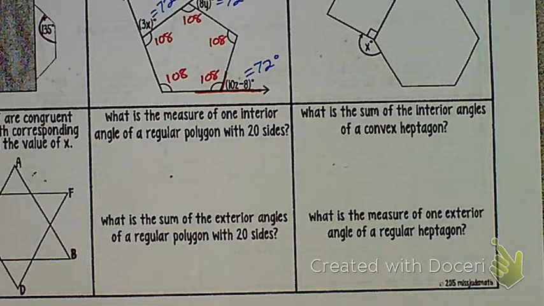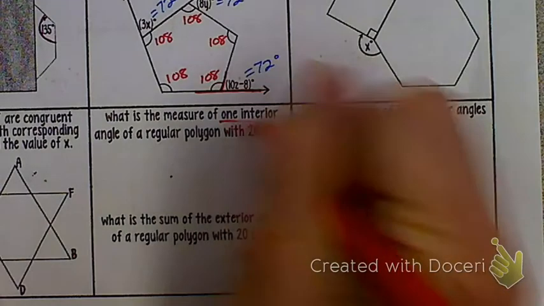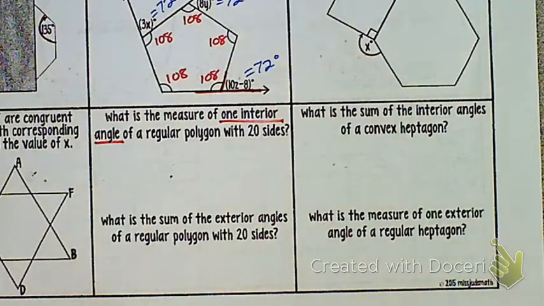No shape given. What is the measure of one interior angle of a regular polygon with 20 sides? Did I cover 20 sides on the front? No. But I covered the equation to find the measure of one interior angle. What is that equation?